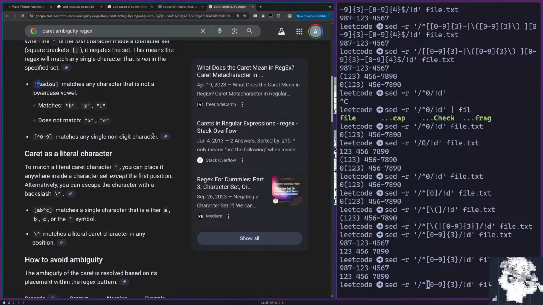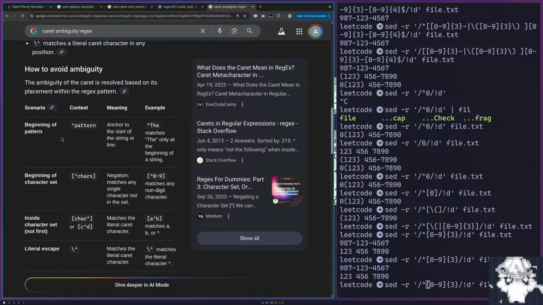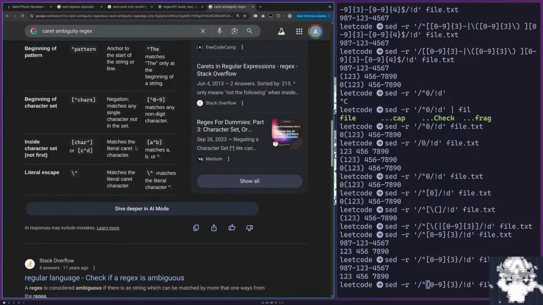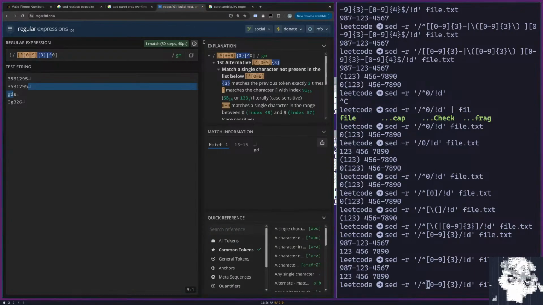I don't want to match the literal character. Oh, this is killing me.